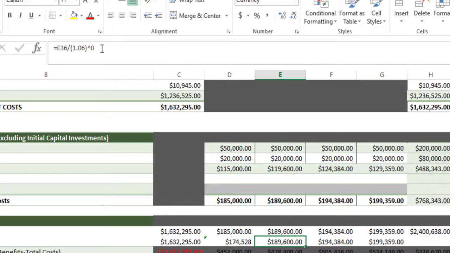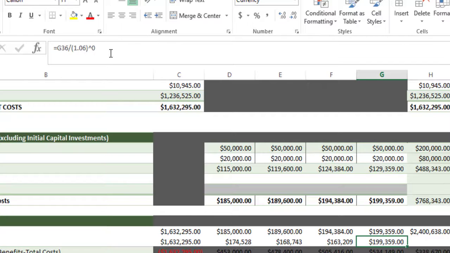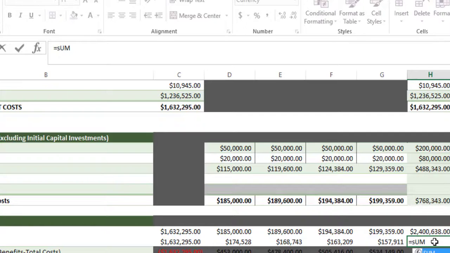This is year 2, year 3, and that is year 4, removing the decimal places each time.